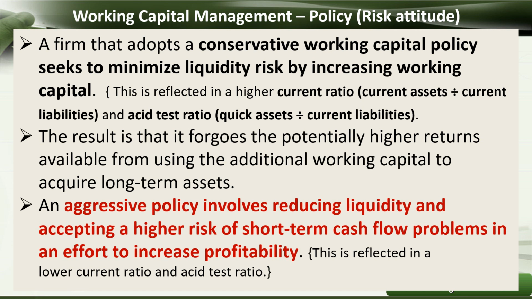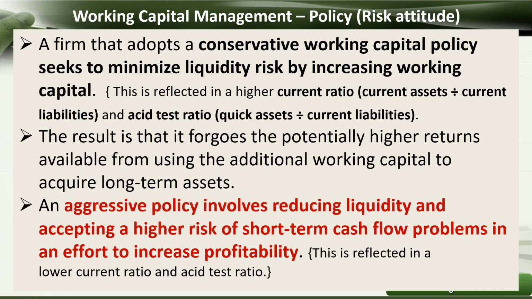This is reflected in a higher current ratio, that is current assets divided by current liabilities, and a higher acid test ratio, that is quick assets divided by current liabilities. When we calculate quick assets, we remove the inventory from current assets, so we see how quickly we can get liquidity to cover current liabilities even if the stock is not sold. The result is that it forgoes the potentially higher returns available from using the additional working capital to acquire long-term assets.